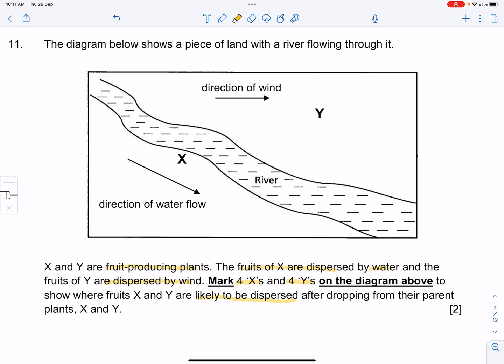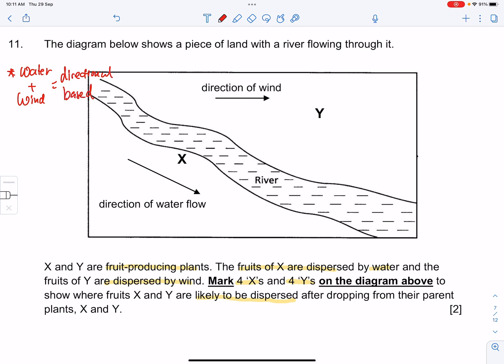If it's actually reliant on an agent, such as wind and water, it is directional based. This is something different. I'm going to pen it down. Water plus wind, these two equals directional based, meaning that it is dependent.